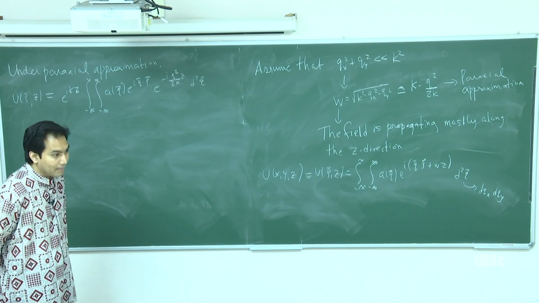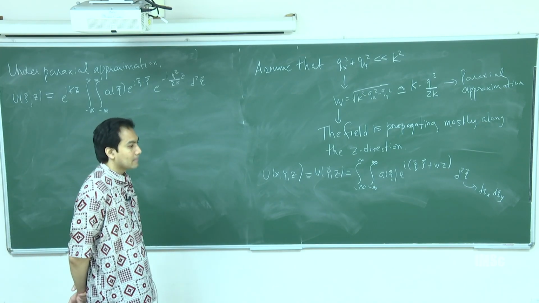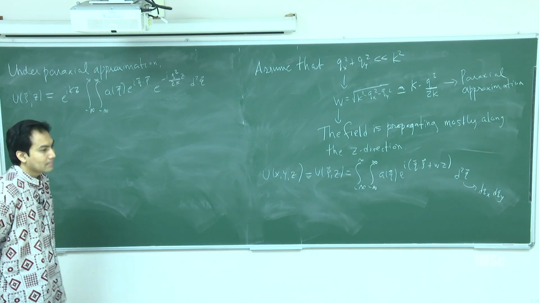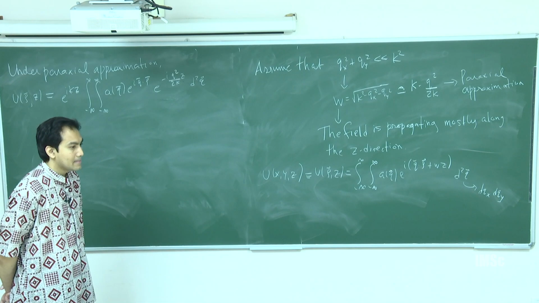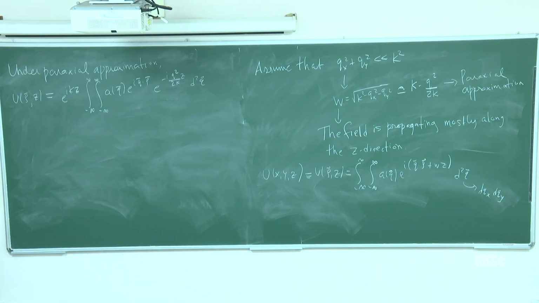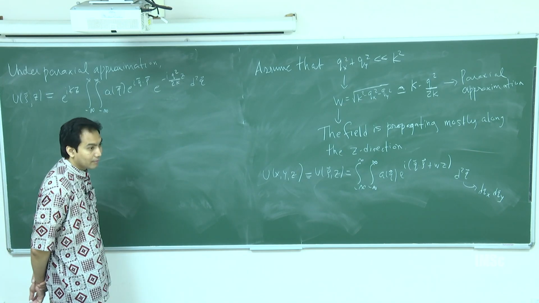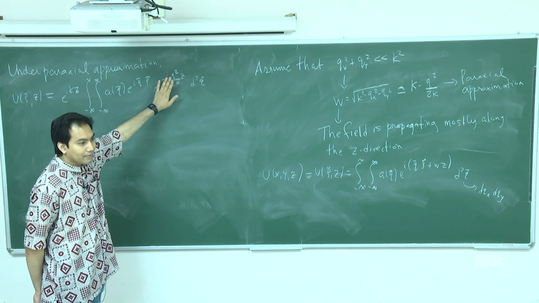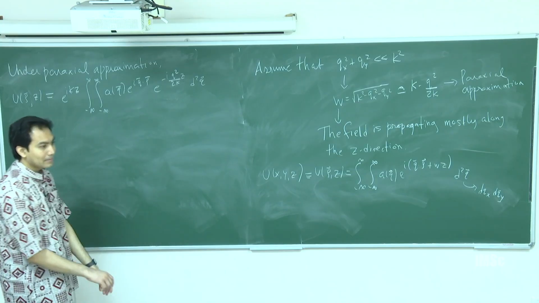Then we know the angular spectrum. Therefore the field loses its translational symmetry along the propagation direction. Although it is a small effect, because q squared by k is negligible, formally, since it carries a z dependence, we cannot just throw it away.